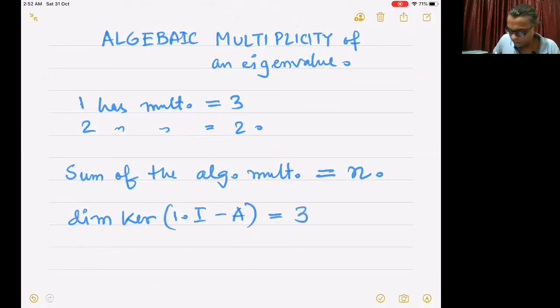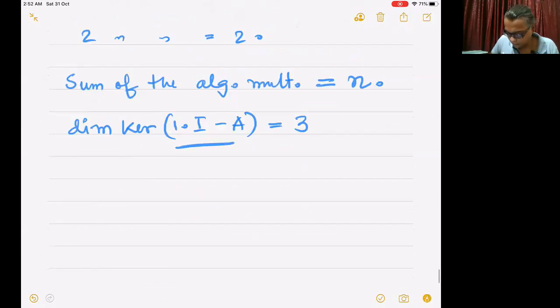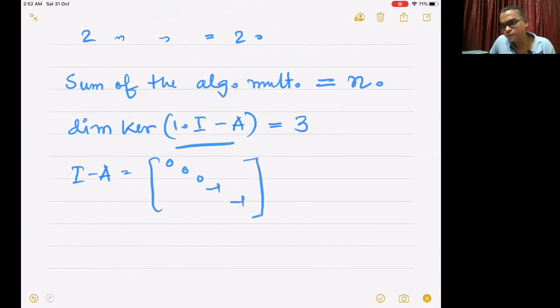Indeed, you look at this, identity minus A. Identity minus A in this case is going to look like 0, 0, 0, then 1 minus 2, minus 1, 1 minus 2, minus 1. This is the matrix. What is the rank of this matrix? The rank is 2. So by the rank nullity theorem, the dimension of the null space of identity minus A is indeed 3.